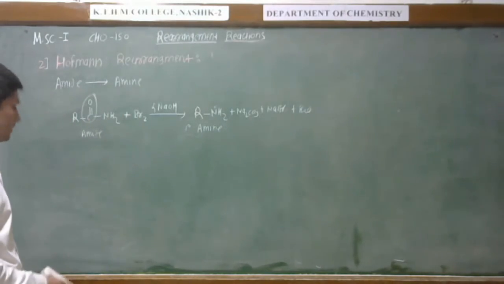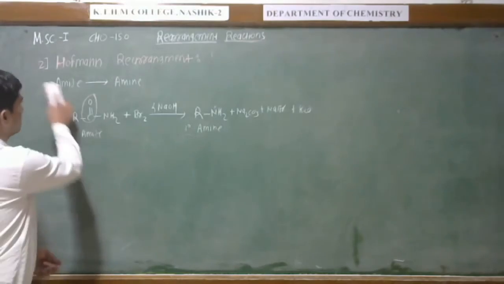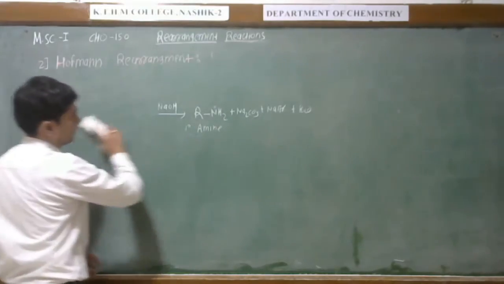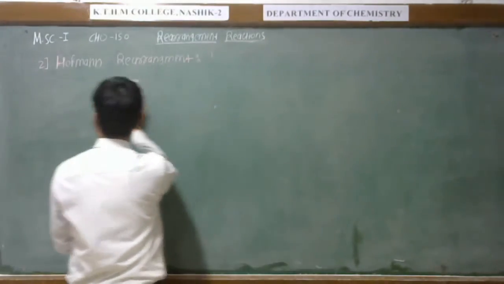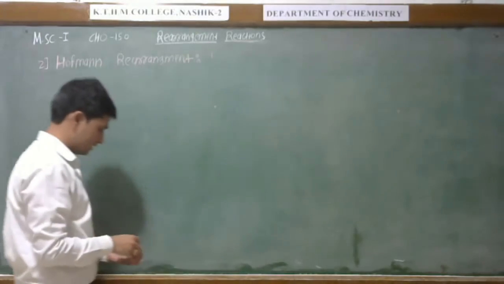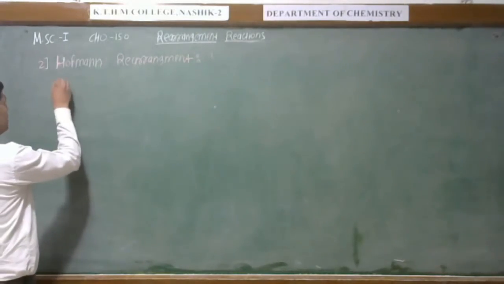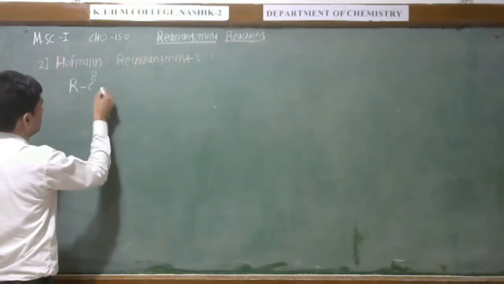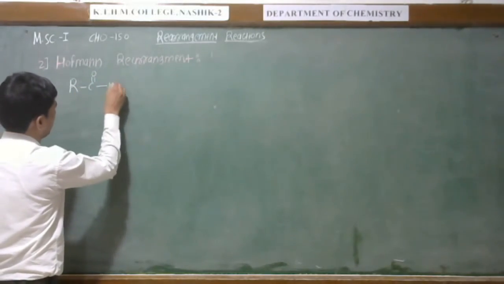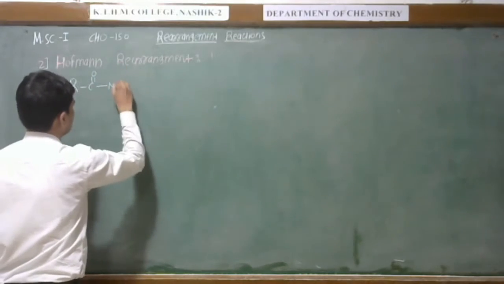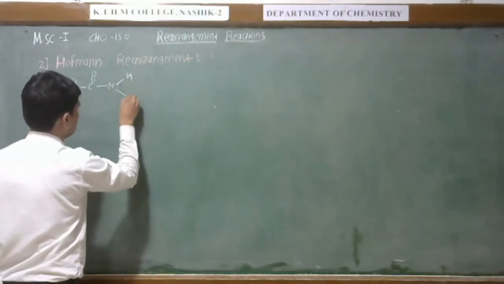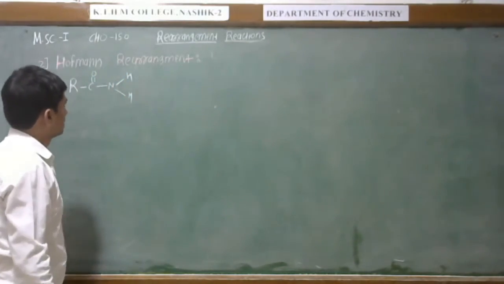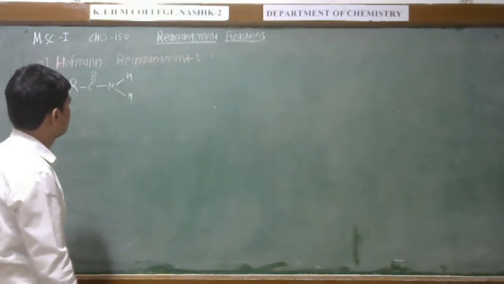Let us see the mechanism of this reaction. So simply we can write here, this is R, this is C double bond O, and this is the NH2. This NH2 is written in this way for simplification of the mechanism.